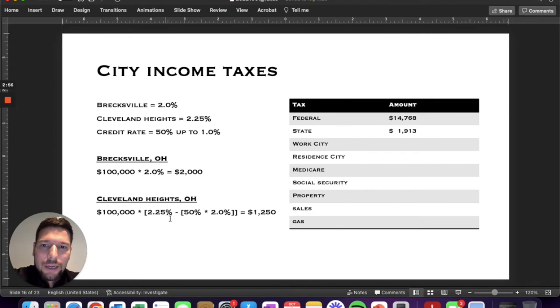And then Cleveland Heights is going to subtract out 50% of that 2%, which would be 1%. So that's not more than the 1% limit, so you can take that full 1% deduction. So you're actually going to do $100,000 times 2.25 minus 1, or 1.25%, to get $1,250 that you'd be paying to Cleveland Heights. So in total, you're going to be paying about $3,250 to your cities between your work and residence city.